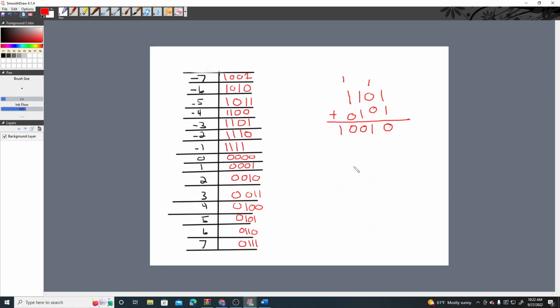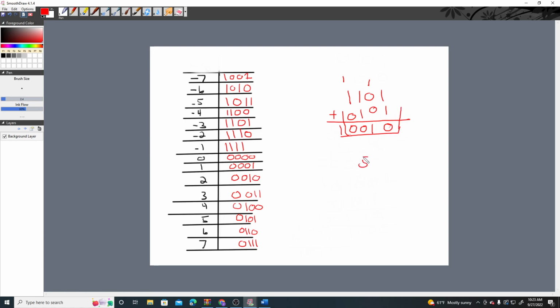All right, so let's see if we did this. 1, 0, 0, 1, 0. Right there, we could just disregard that bit.